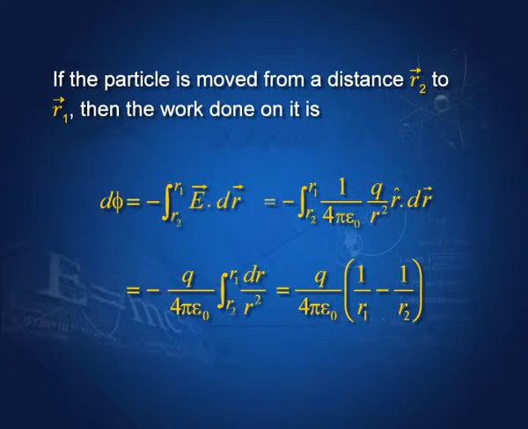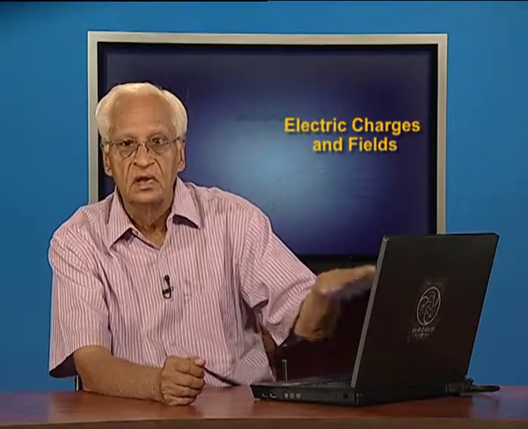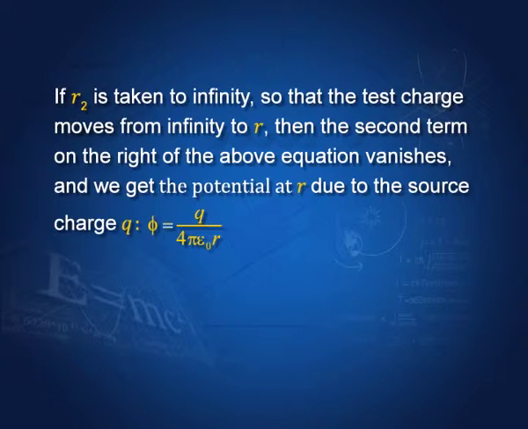So, that is the potential difference between the points r 1 and r 2. The charge has moved from r 2 to r 1 against the electric field, and this is the work done.